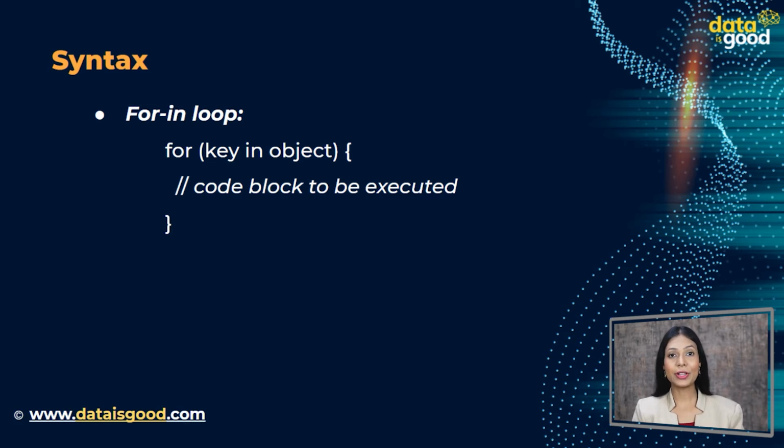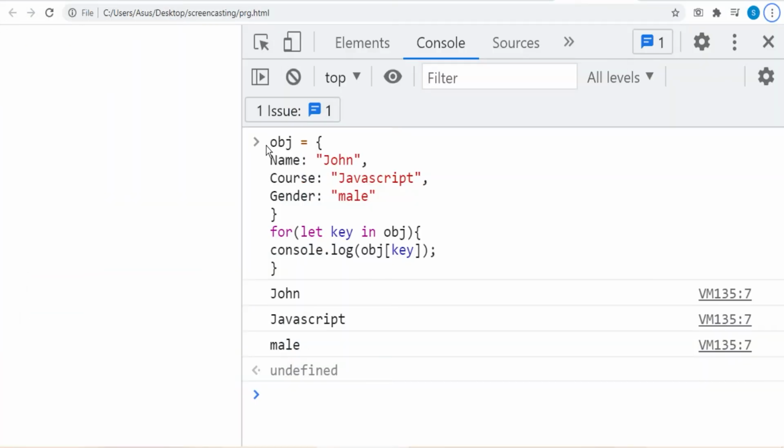Let us see an example to iterate over an object using for-in. Object equal to name: John, course: JavaScript, gender: male. For let key in object, console.log(object[key]). Output: John, JavaScript, male. See, isn't it less messy than a for loop?